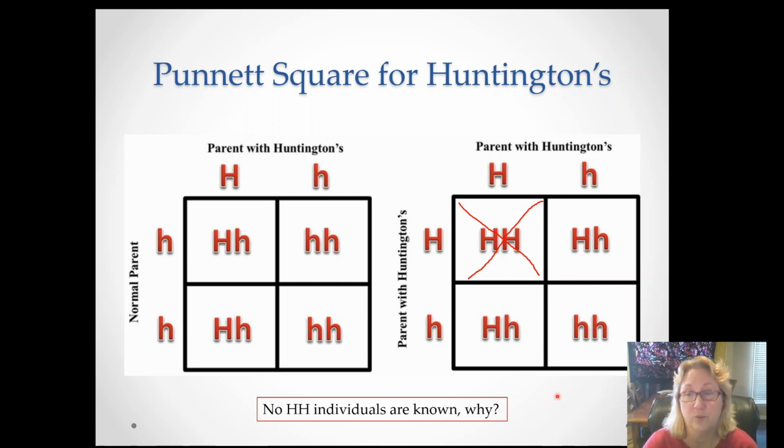And in this rare population that has a high incidence of the Huntington's allele, we see 2/3 of children of couples that both have it as having Huntington's and 1/3 normal, which would make sense if this square doesn't exist. So it's probably an embryonic lethal.